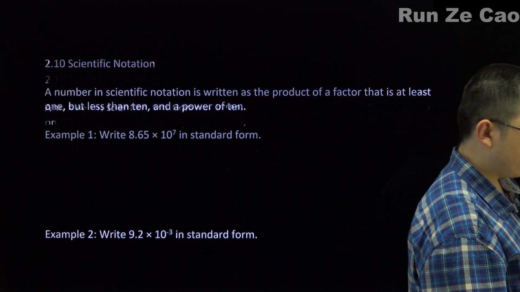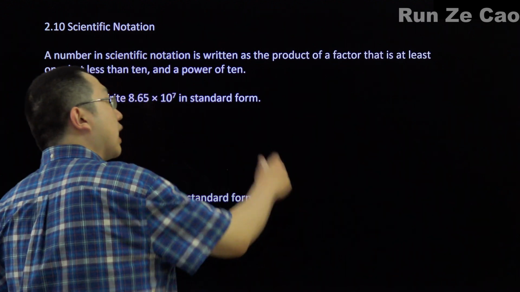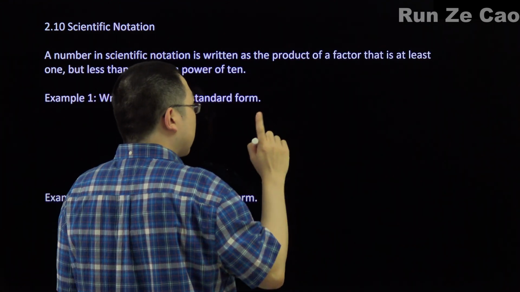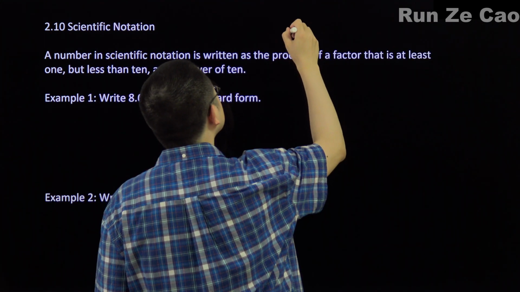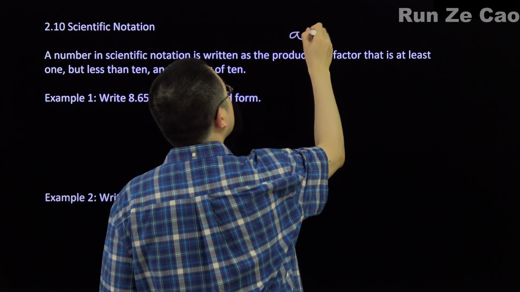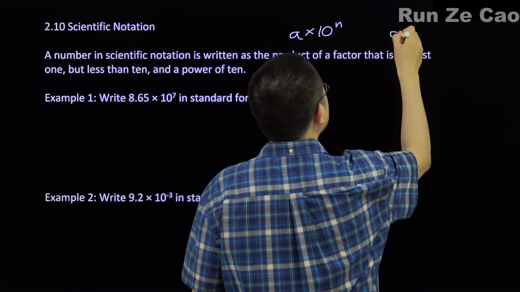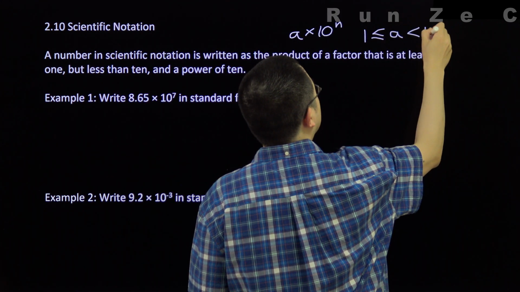A number in scientific notation is written as a number between 1 and 10. It can be 1. So it's a times 10 to the nth power, where a is greater than or equal to 1, but strictly less than 10.